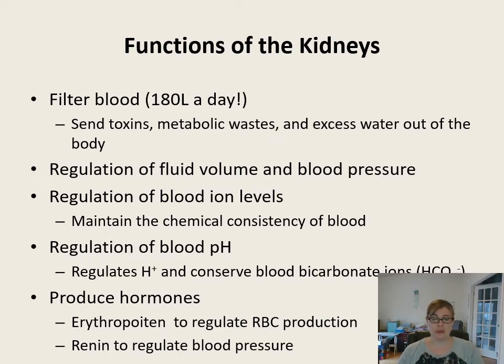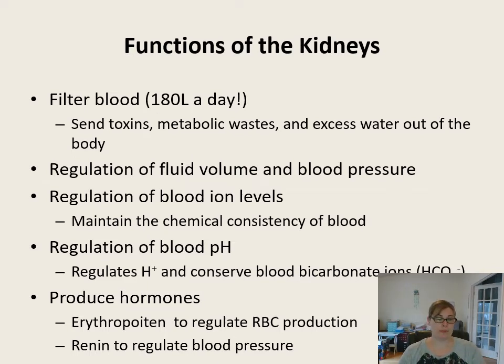For pH of blood, we discussed already that the respiratory system does a really awesome job at helping to balance that pH, but it can't do it alone. The kidneys work with the respiratory system to help balance pH by maintaining the buffers in the blood.